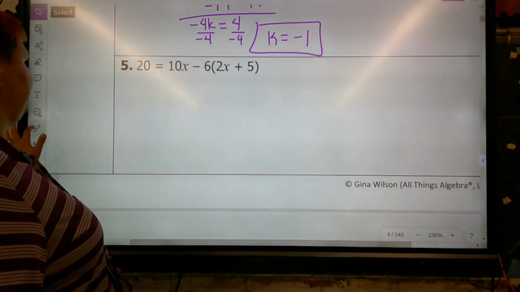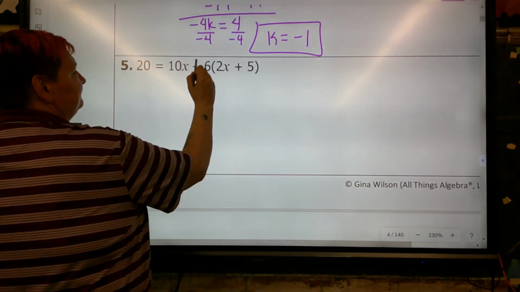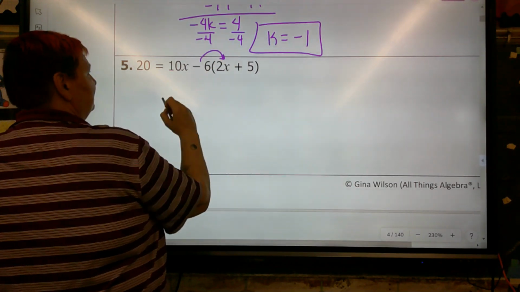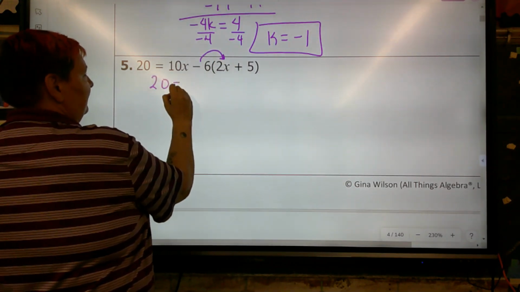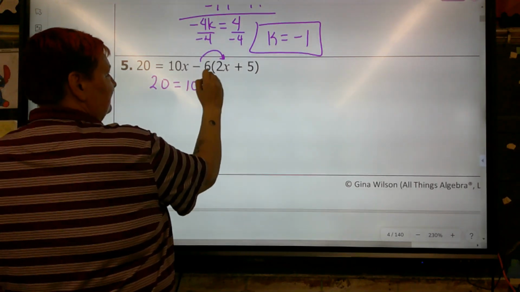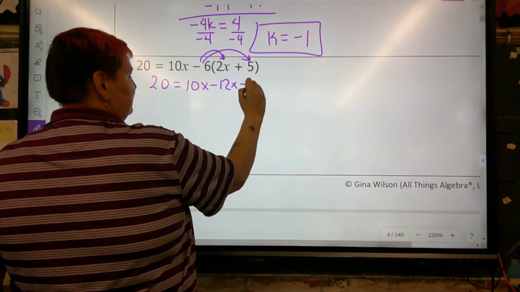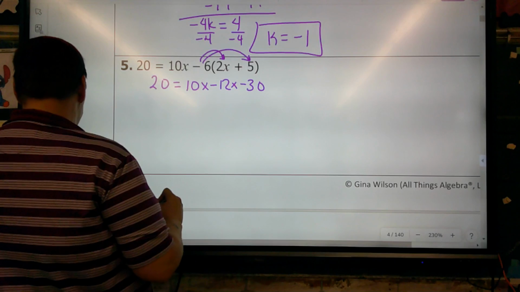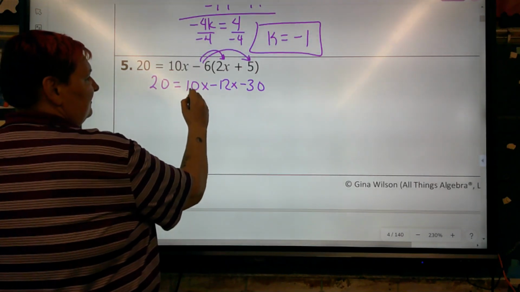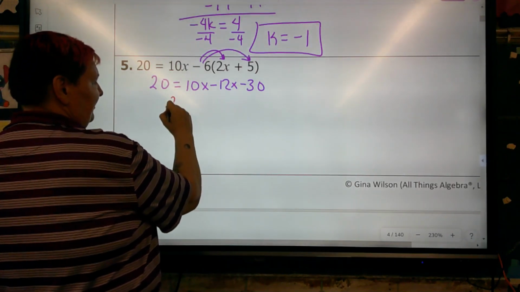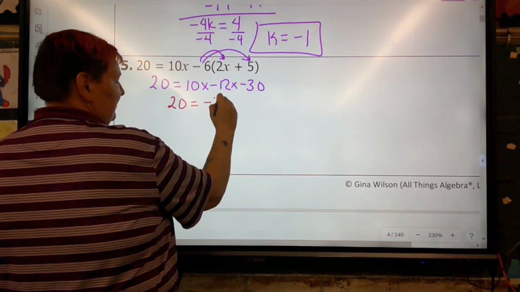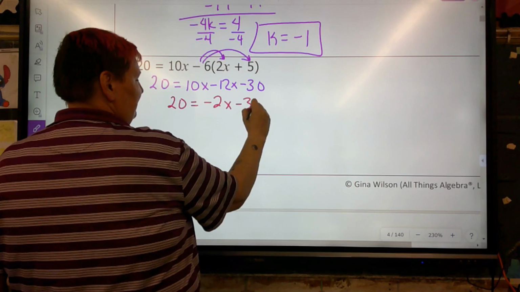We're going to have to distribute. Alright, so 20 equals 10x minus 12x minus 30. Looking for like terms. 10x minus 12x, so we have 20 equals negative 2x minus 30.